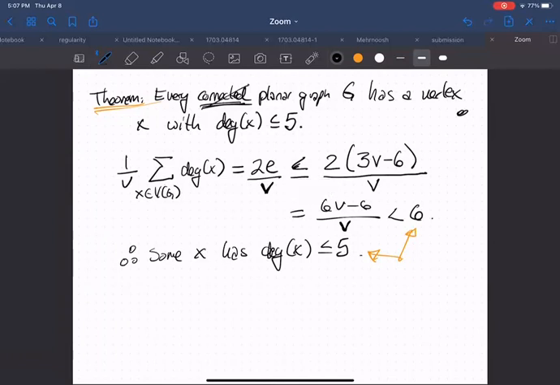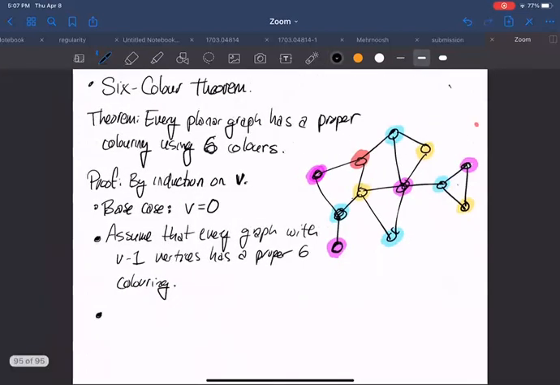We don't need this connected bit, though we didn't bother to talk about it. But we'll use that here. So assume every graph with v minus 1 vertices has a proper 6 coloring. That's our inductive hypothesis.